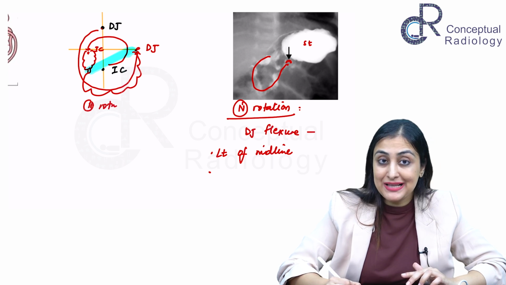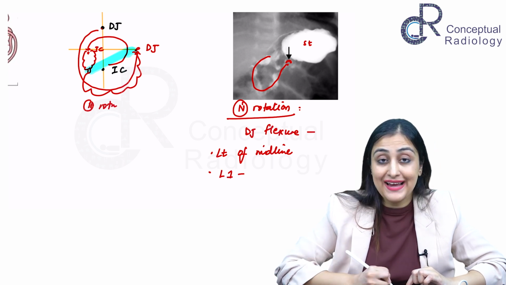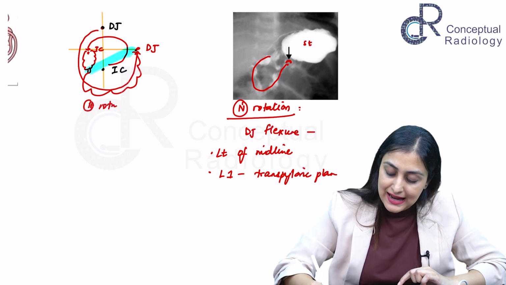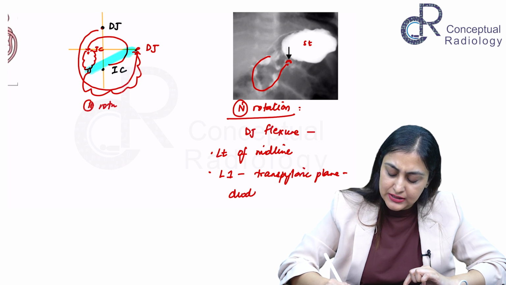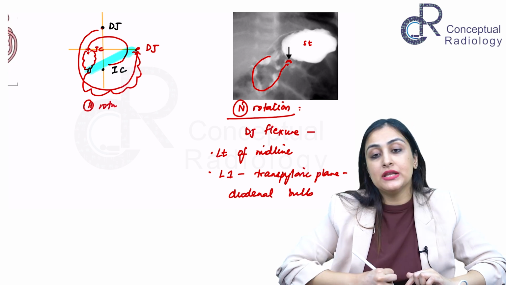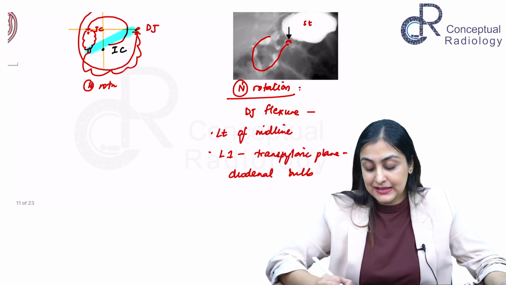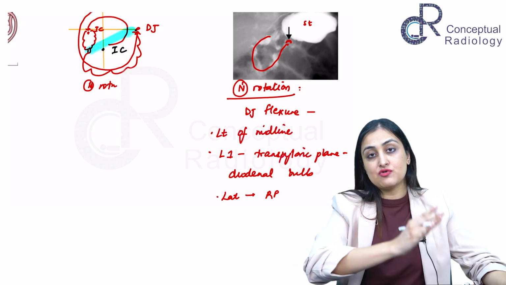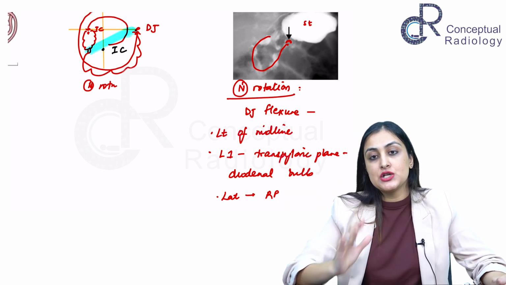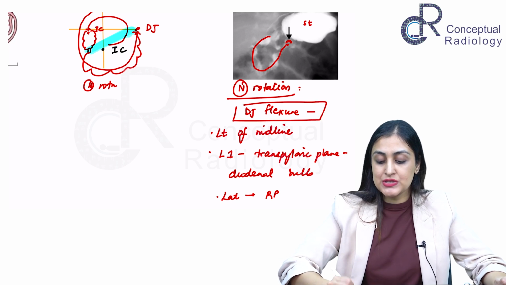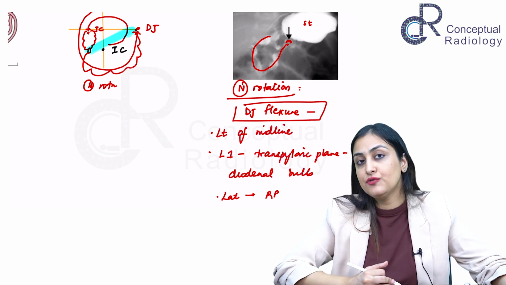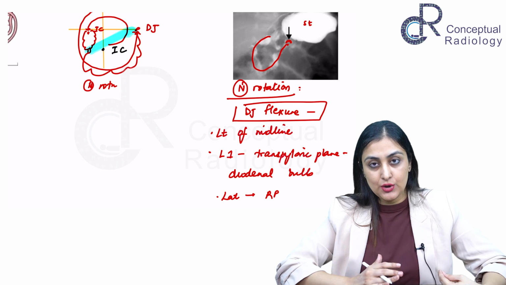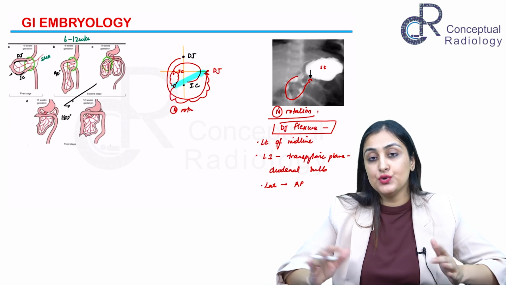Second, it should be placed at the same level of L1, which is the transpyloric plane where the pylorus lies, and it's the same plane as the duodenal bulb, which is D1. So all of these should be in the same plane, and if you do take a lateral view, this should be in the retroperitoneum. This is something which is lying posteriorly. Alright, so once you see these three criteria being met for DJ flexure, it's a criteria for normal bowel rotation. Okay, so this is what we now understand as normal rotation.